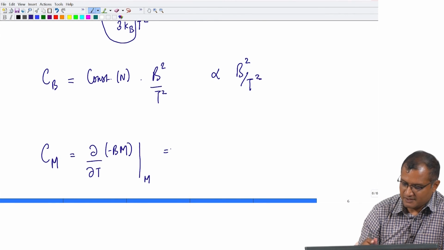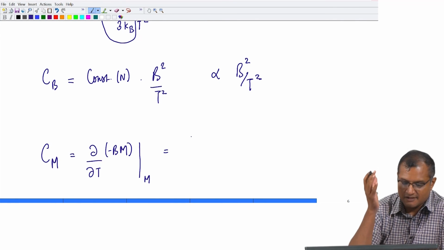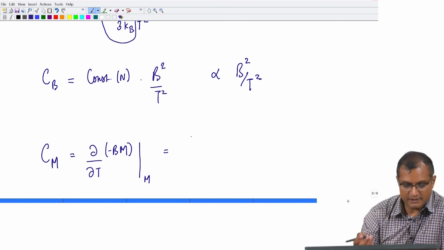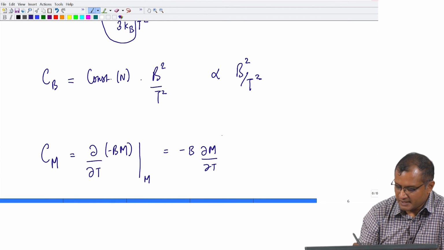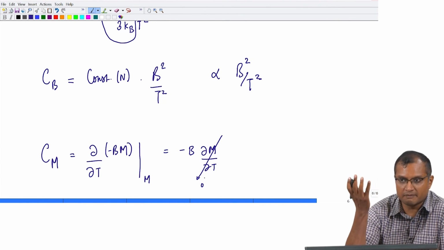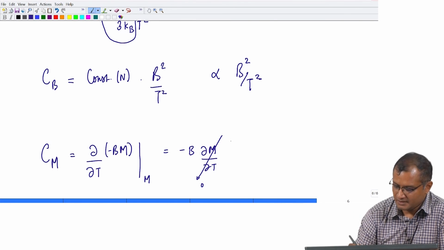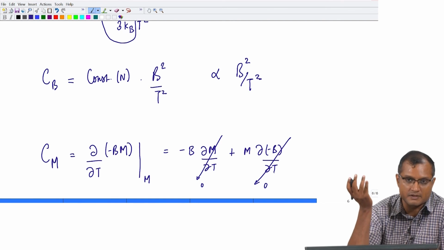When you do the chain rule, you can write it as minus B into dM by dT, and that is 0 because you cannot change magnetization. You want to do this derivative at constant M, and plus M into d of minus B by dT, which is also 0 because B is held constant.